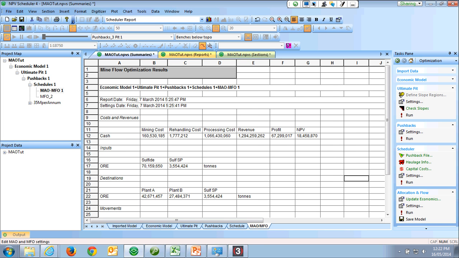So my new NPV, once I've changed my processing sequence, is 18.5 million. It is lower than the previous one, but I'm okay with that because I know that my plants are different and that it needs to make some choices there so that it can reach the grades required for the lower cost plant.